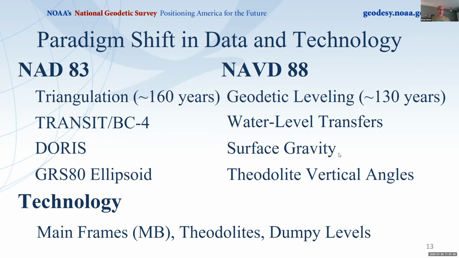NAD83 was put out in 1986. The first GPS satellite went up in 1978, and NAVD88 came out in 1991, and we were already starting to do GPS surveys just a couple of years after that. These datums were built off of over 160 years of data for NAD83 and over 130 years of geodetic leveling for NAVD88.